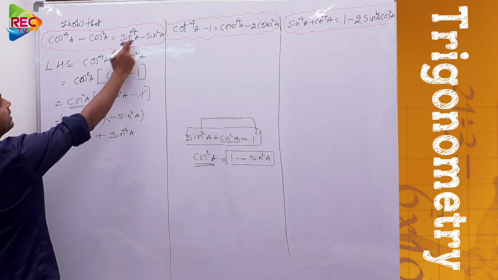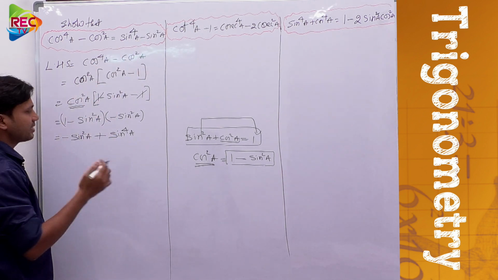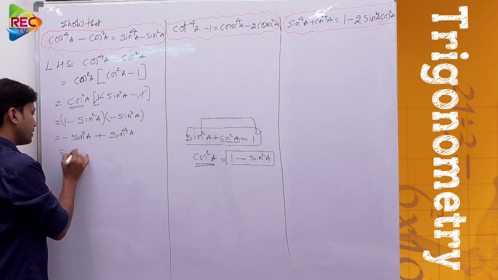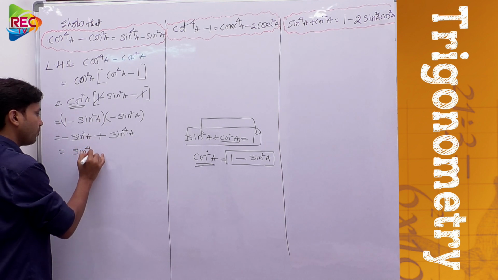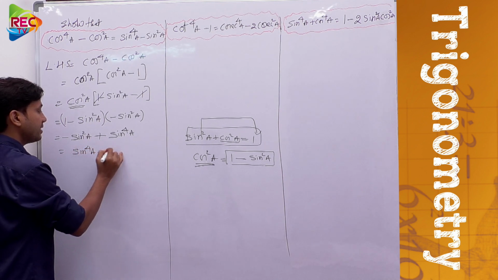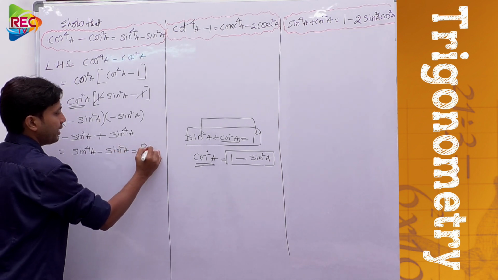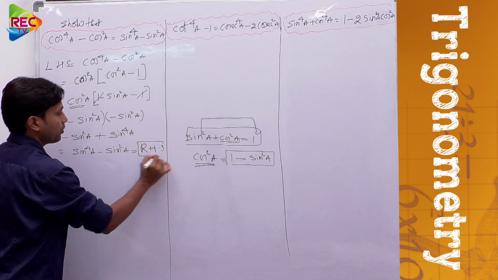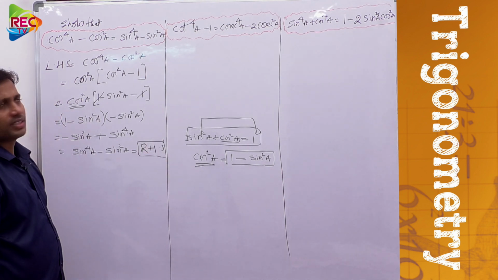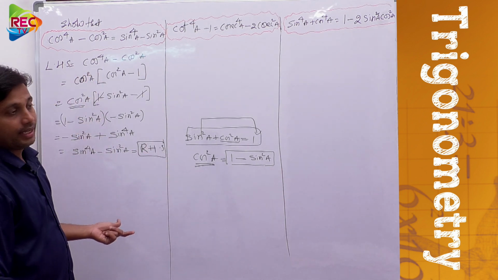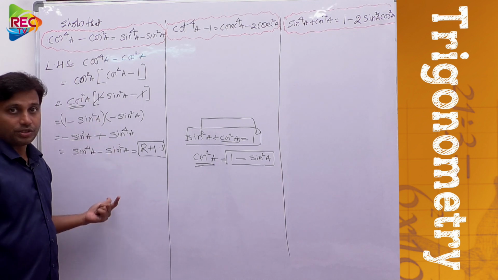So I think we obtained our result. That's it. So here sin to the power of 4a minus sin square a, which is your required RHS. So we could obtain it like this. It's a very small problem. Okay, I think you understood this.